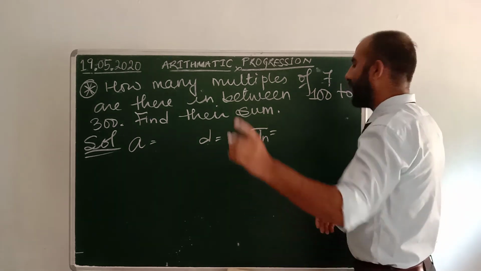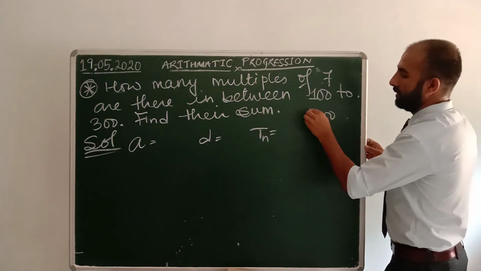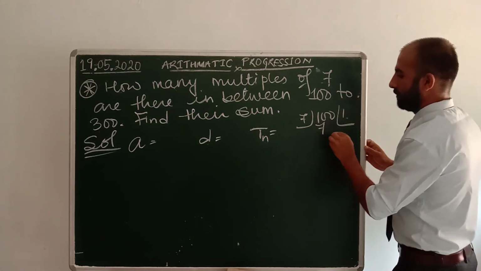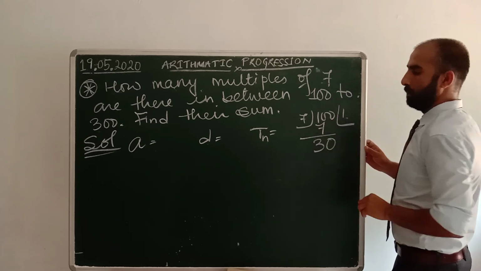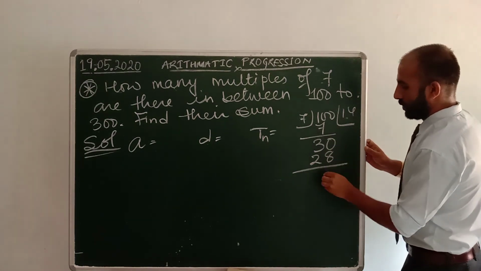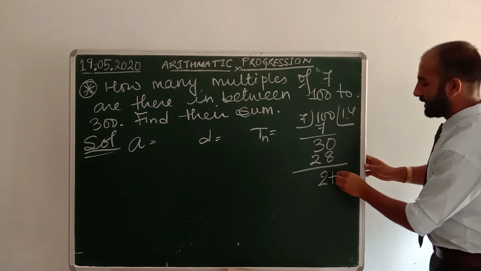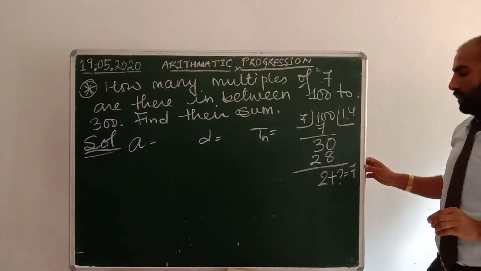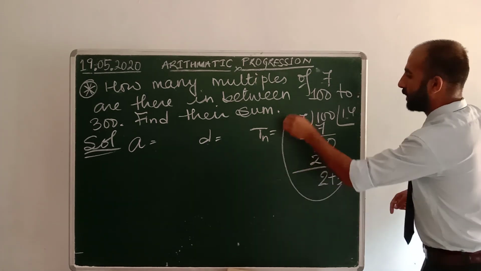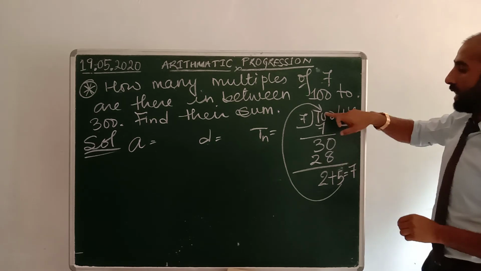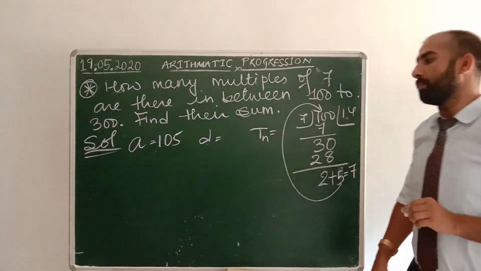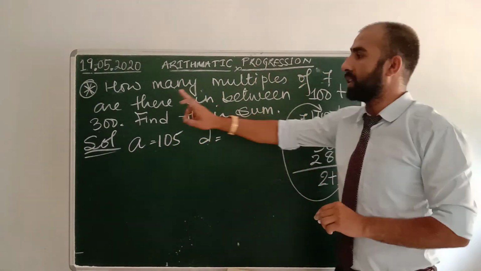I'll teach you the process. 100, let's divide it by 7. 7 ones are 7, 3 left, 0. 7 fours are 28, so 2 left. 2 plus how much will give you 7? Obviously 2 plus 5 will give you 7. So this 5 we are going to add to 100. That is 100 plus 5, that is 105, will be the first number which is a multiple of 7 after 100.